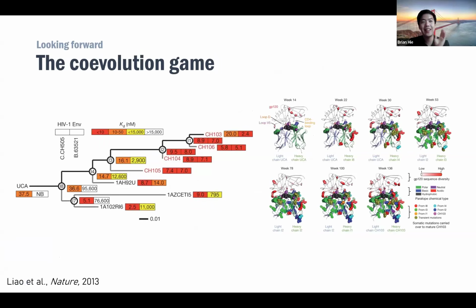Yeah, I have some ideas, but we don't have any concrete results. There are different ways you can take this. One way would be if you actually had coevolutionary data, and there are a lot of coevolutionary lineages, for example HIV.